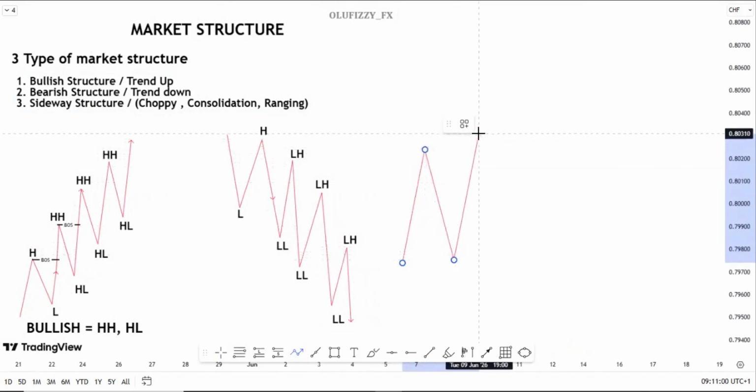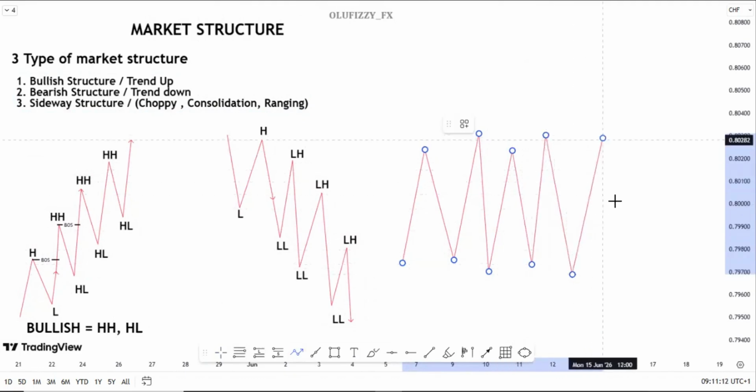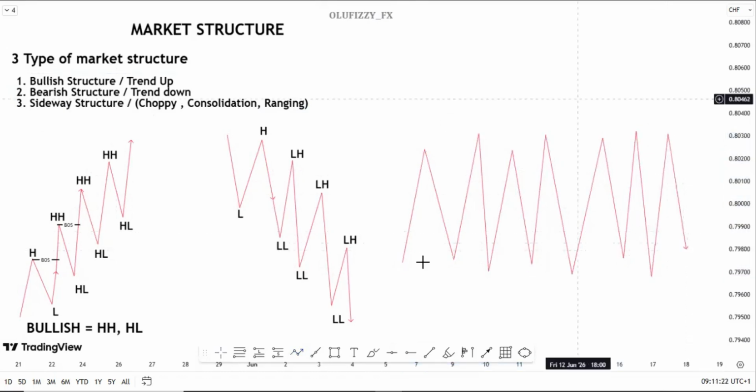So it can give you a high like this, still do something like this, come to take out this low, come here, do something like this, and break this high again. In this case, you see that this doesn't give us clear higher highs and higher lows. So this is kind of confusing, and that is the reason why we call it a sideways market structure.